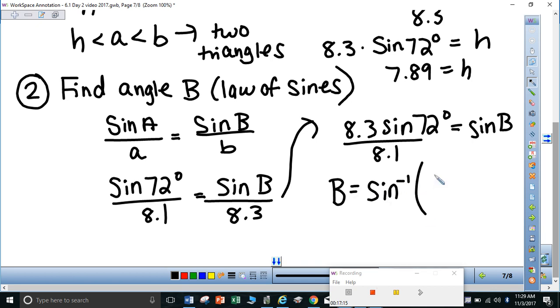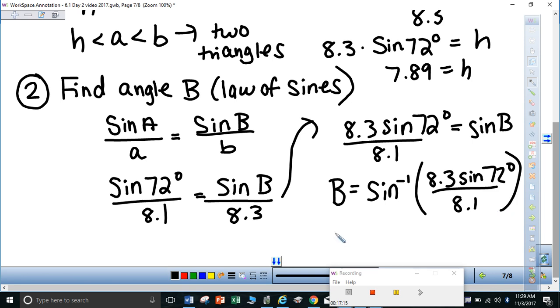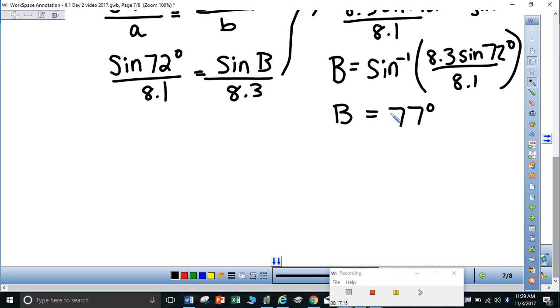Angle B will be equal to the inverse sine of 8.3 sine 72 over 8.1. So when you put that into your calculator, remember we're going to round to the nearest degree, we end up getting that angle B is 77 degrees. So if we think about the picture of our two triangles, that's an acute angle.